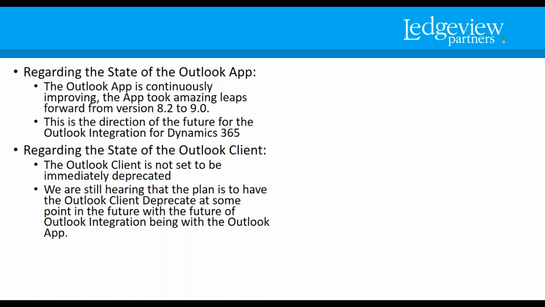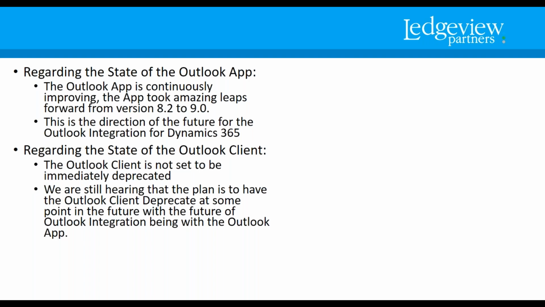But a lot of the nuances and the abilities to get information quickly and update information quickly, those enhancements really came, and the user interface improving really came with 9.0. So there was a huge leap forward. And this is the direction of the future of the Outlook integration.